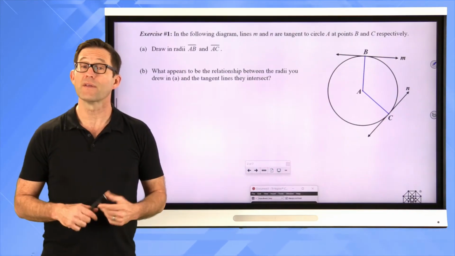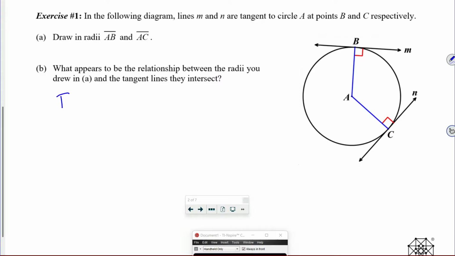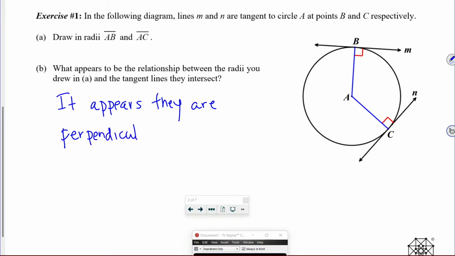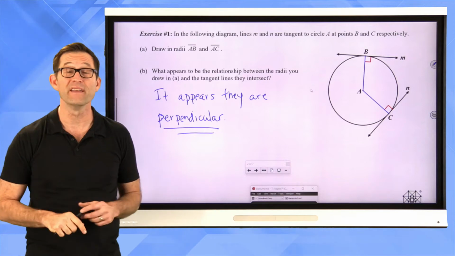Well, it appears that they're perpendicular, right? They form right angles.